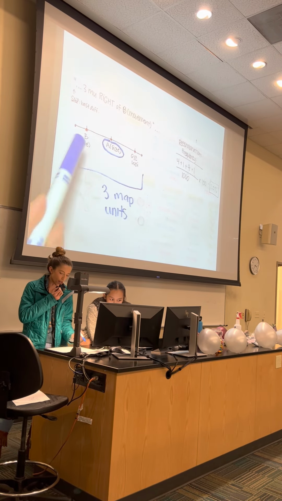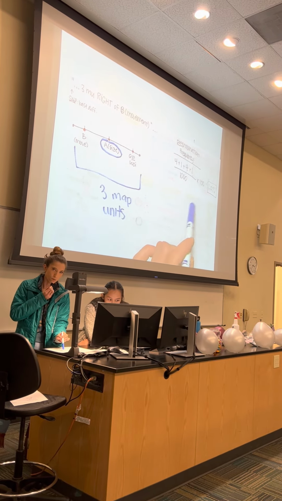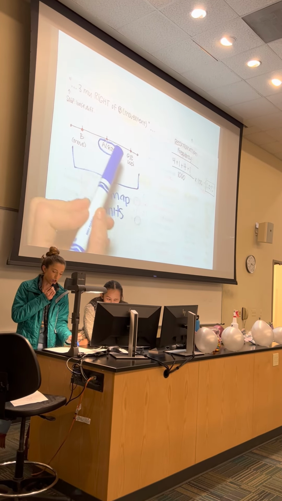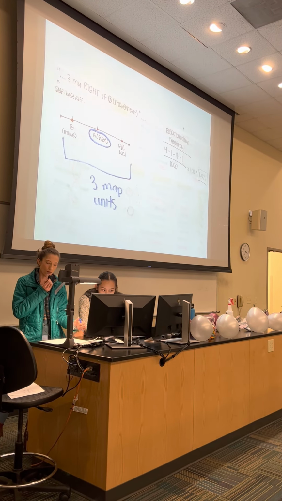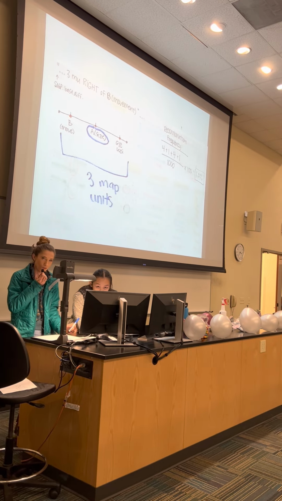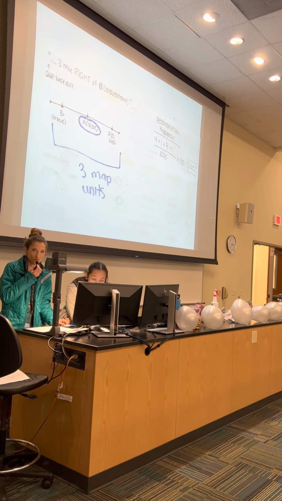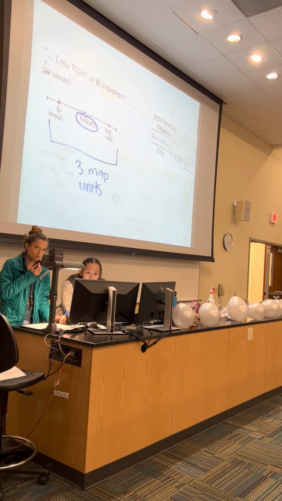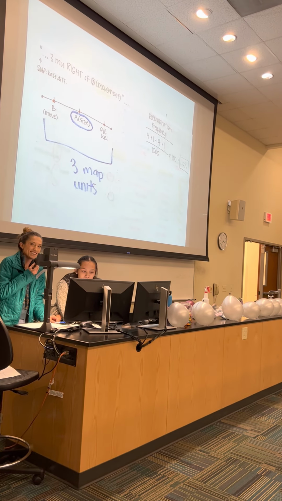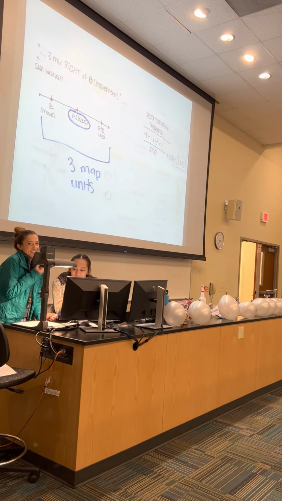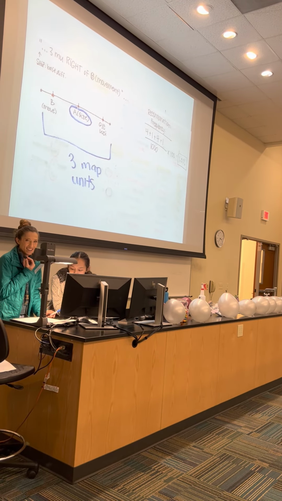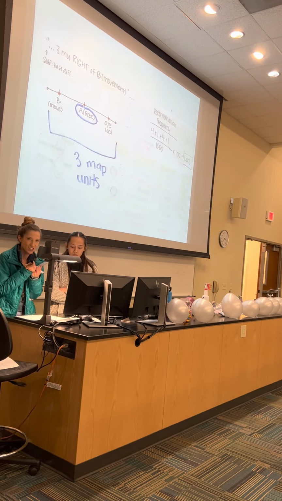Between B and A, it's going to be 1%, and then between A and GC is going to be 2. So you just walked us through the single crossover events that occurred between B and A. And the other one, you can show that it was between A and the GC.